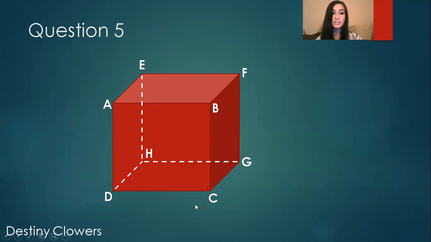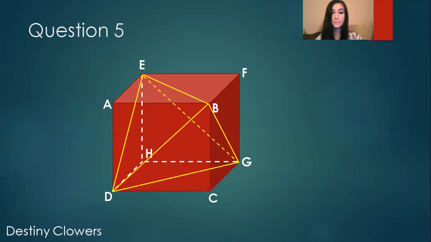Then we're just going to construct the faces of the tetrahedron as subsets of the faces of the cube. And this is what it's going to look like.